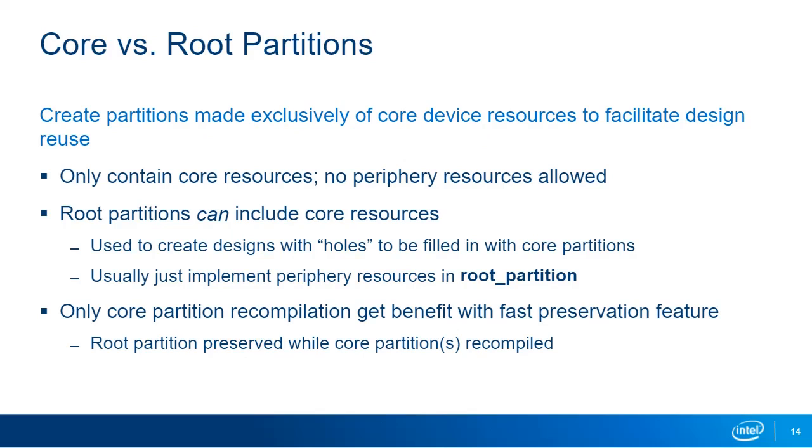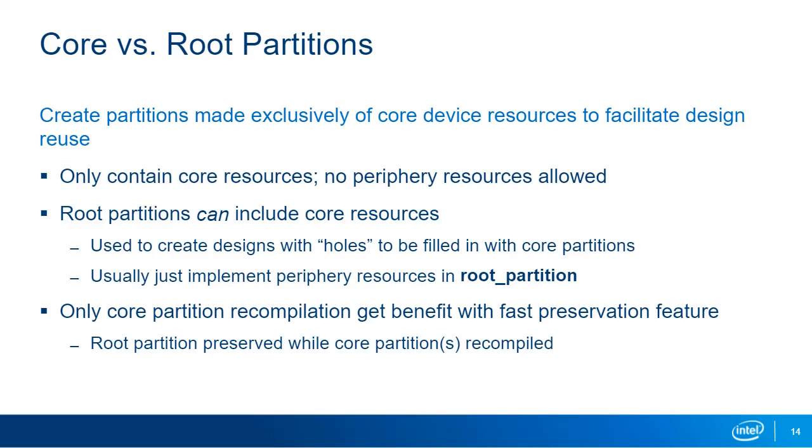It's important to understand the difference between core and root partitions. A core partition is one that is made up of only core device resources, such as logic and on-chip RAM blocks, and no periphery resources, such as I/O and transceiver hardware. Only core partitions can see the benefits of the fast preservation feature.